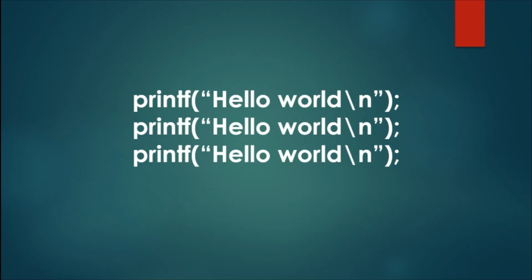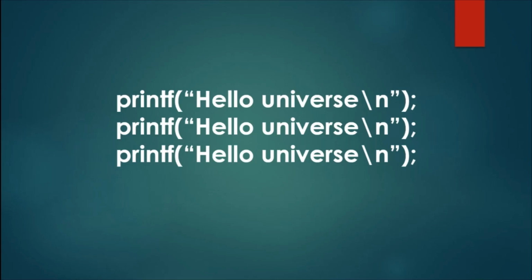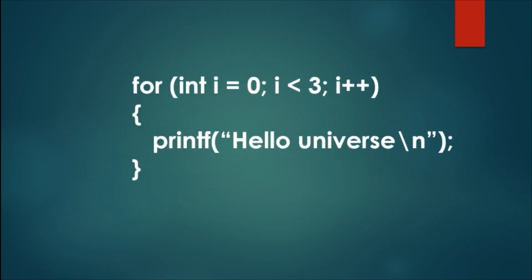Why? Well, because what if we wanted to change hello world to something else, like hello universe? Now we're going to have to go back in our code and change this on 3 different lines. However, when we used a loop, we would only have to change 1 line.